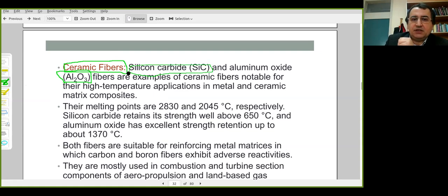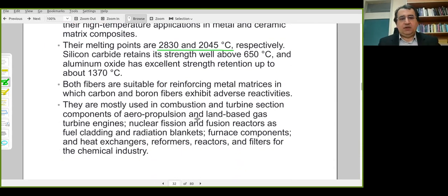These materials have particularly high melting temperatures. Carbides have a melting temperature around 2,800 degrees Celsius. For the oxide fiber, it's around 2,000 degrees Celsius. And they can retain their strength at high temperatures. Therefore, they are candidate materials.